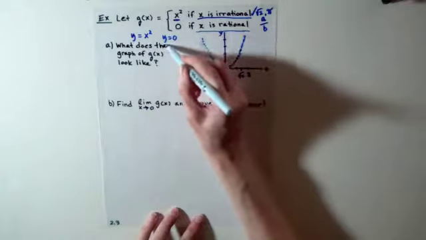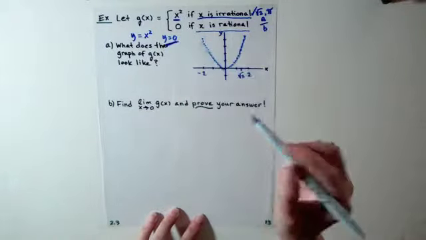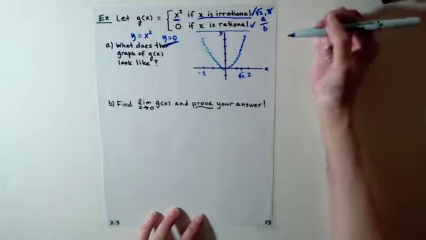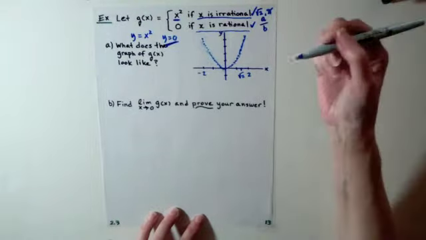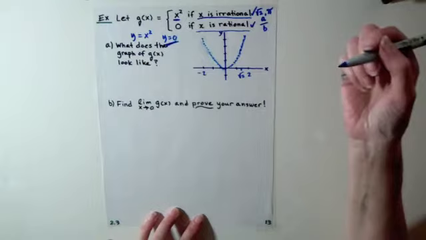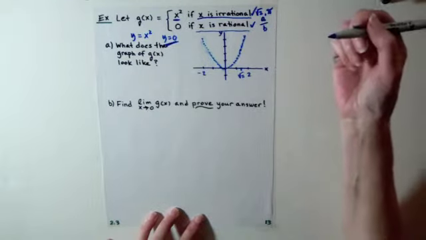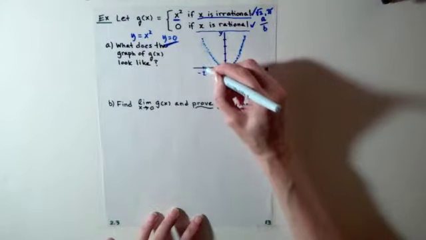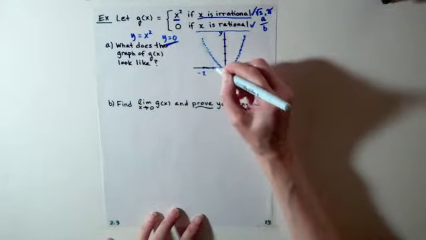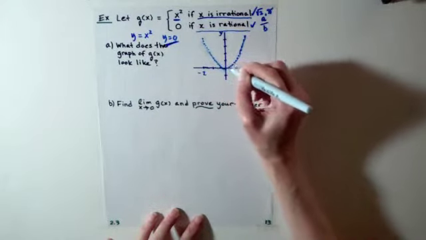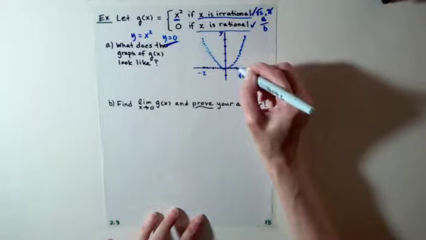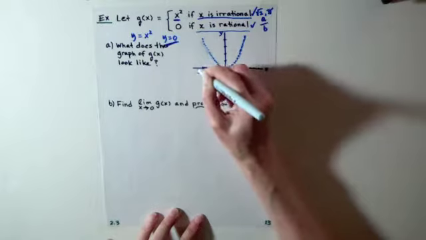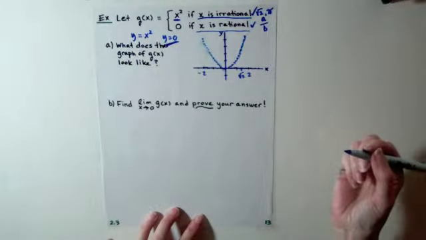But we only want to draw the points along this line that correspond to x coordinates that are rational numbers, things like 1/3, 2/3, 1, which can be written as 1 over 1, 2, which can be written as 2 over 1. So it would look like a line, but only a bunch of dots, and each of these dots or points corresponds to an x coordinate that is a rational number.